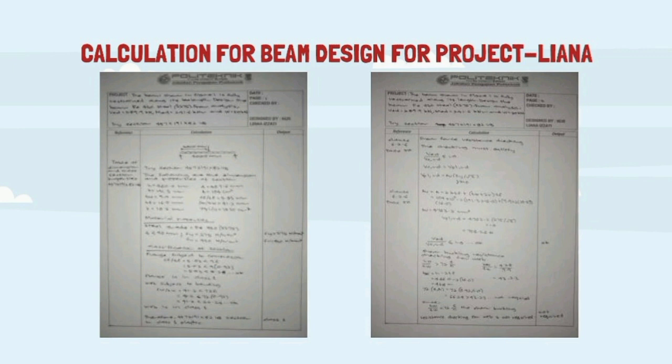Shear buckling resistance checking for web. HW divided by TW is greater than 72 times epsilon divided by eta. HW equals 428 mm.